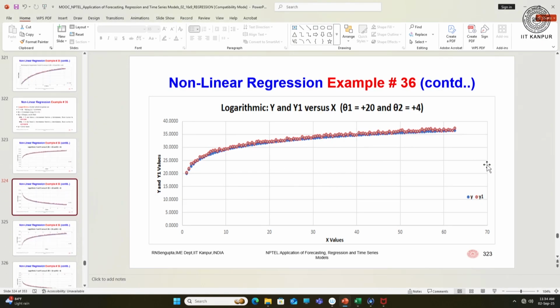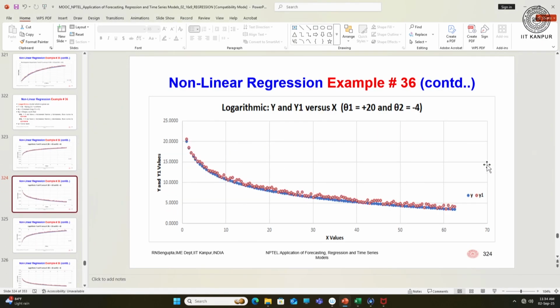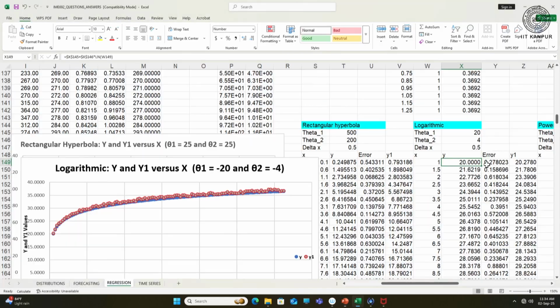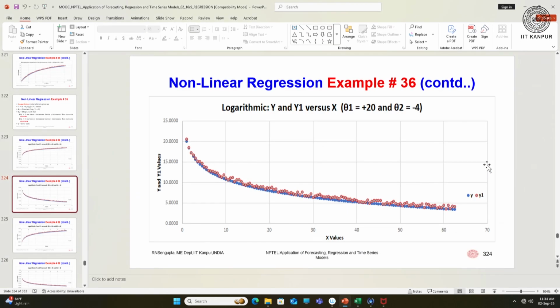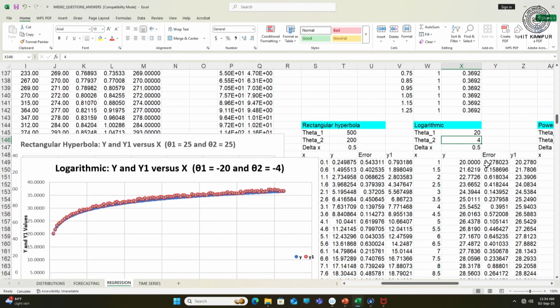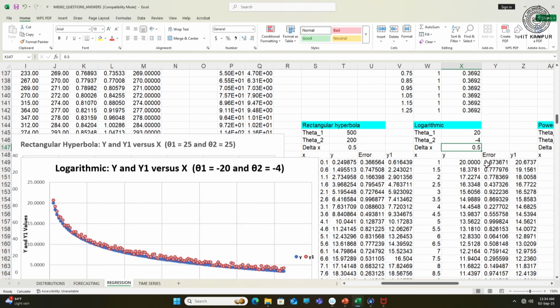Now, let us consider what happens with theta 2 being negative. Theta 2 is minus 4 and theta 1 is plus 20. Let us plot it. If it is minus 4 and plus 20, it becomes just the opposite one. If you remember the convex and concave shapes which I have mentioned, they come out very easily as you keep changing the values of theta 1 and theta 2.